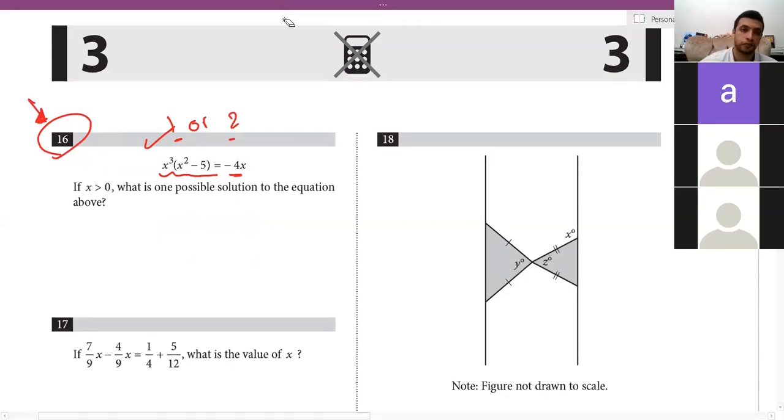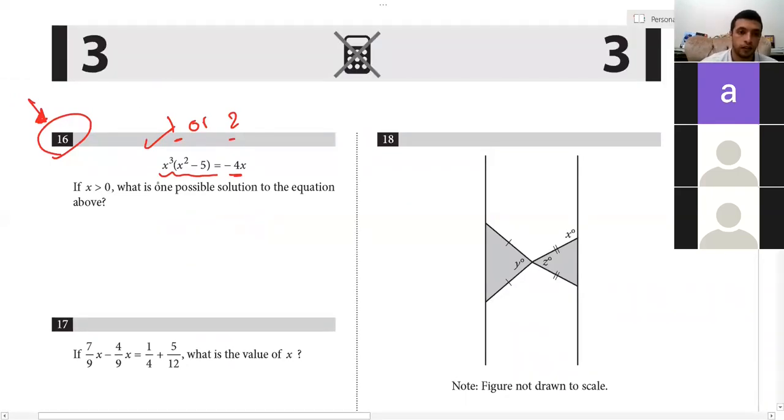Look. First step, I'm going to distribute: x power 3 multiplied by x power 2 is x power 5, and x power 3 multiplied by negative 5 is negative 5x power 3. Then I'm going to take 4x to the other side with a positive sign.